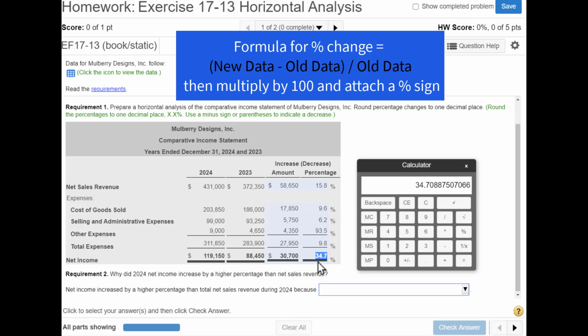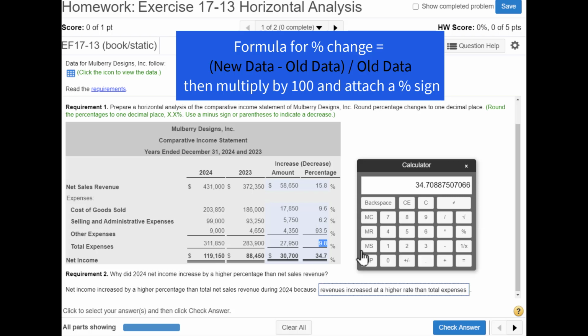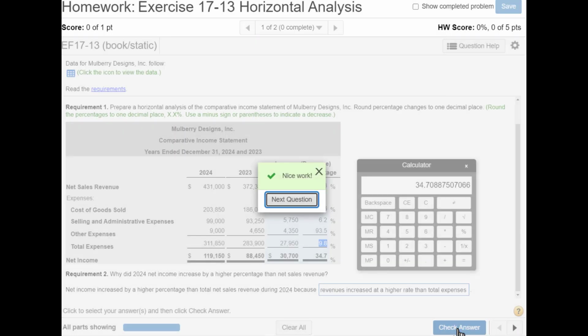Well, the reason is because our revenues increased by much more than our expenses. 16% increase for revenues, about 10% increase for total expenses. So revenues increased at a higher rate than total expenses. So it looks like this company is in good shape. And that's it.